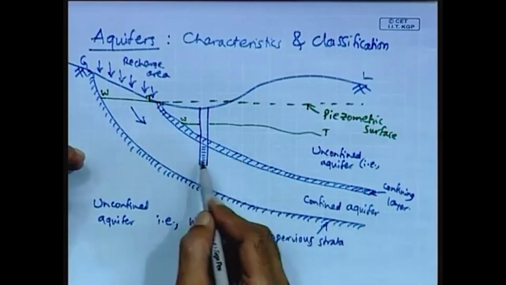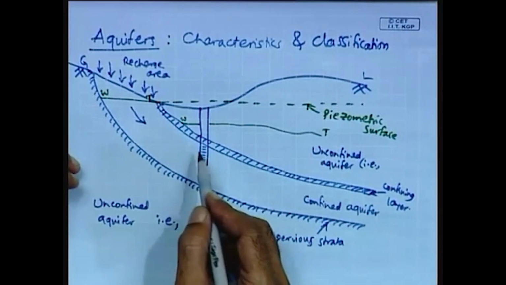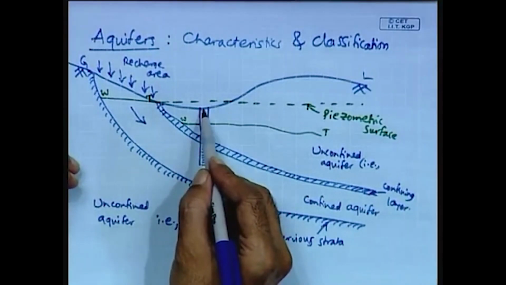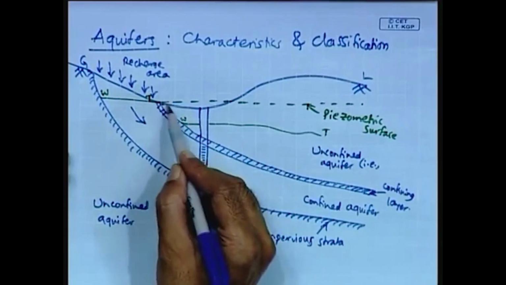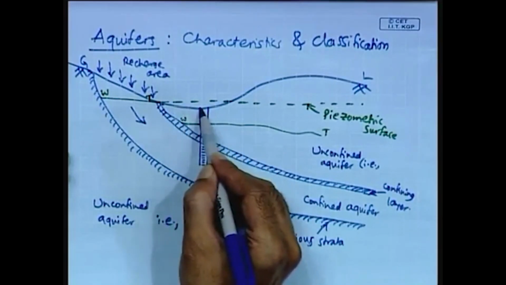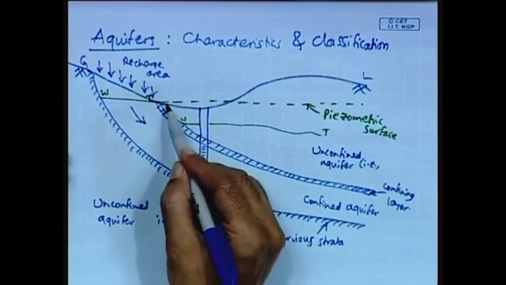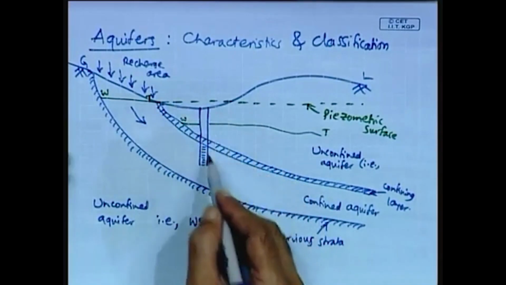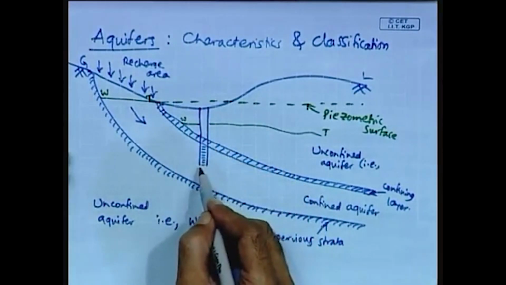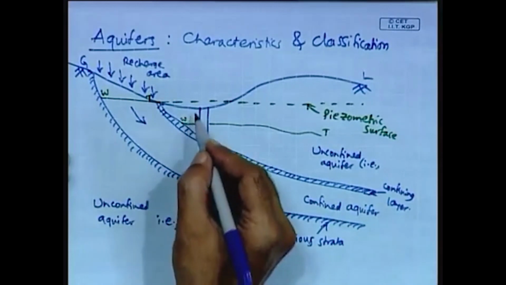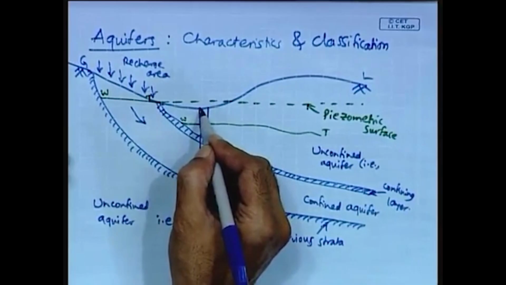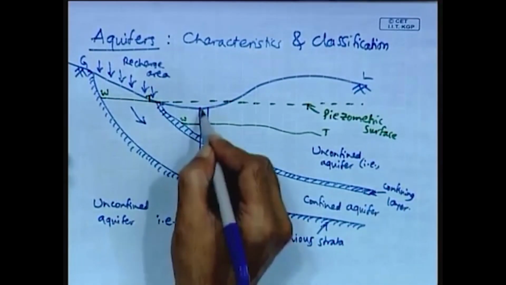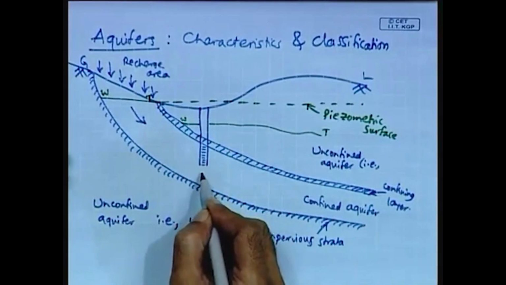And in this case, so now let us come to this well which has been drilled in the land area which is below the piezometric surface, and it penetrates all the way up to the confined aquifer. And here this piezometric surface represents the total energy at that level for this depth all the way up to the confined aquifer.